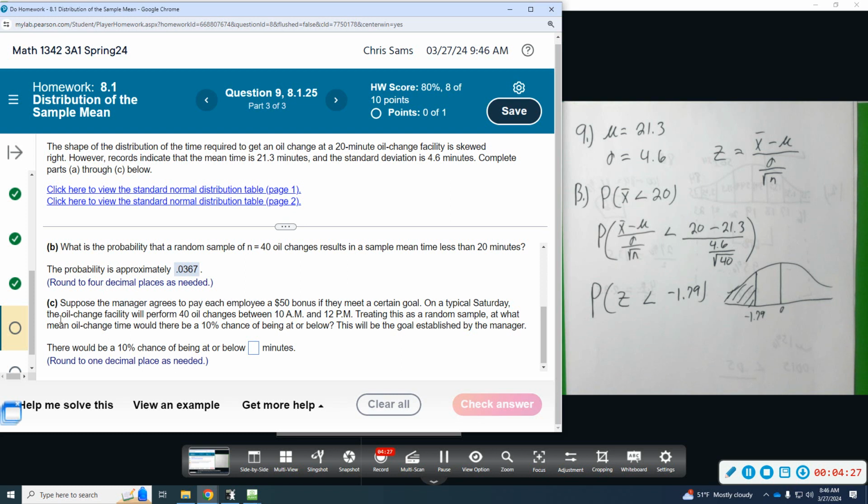And then part C, suppose the manager agrees to pay each employee a $50 bonus if they meet a certain goal. On a typical Saturday, the oil change facility will perform 40 oil changes between 10 a.m. and 12 p.m. Treating this as a random sample, at what mean oil change time would there be a 10% chance of being at or below?